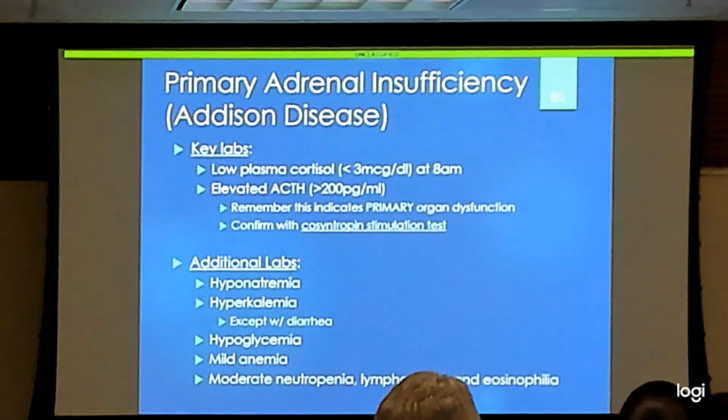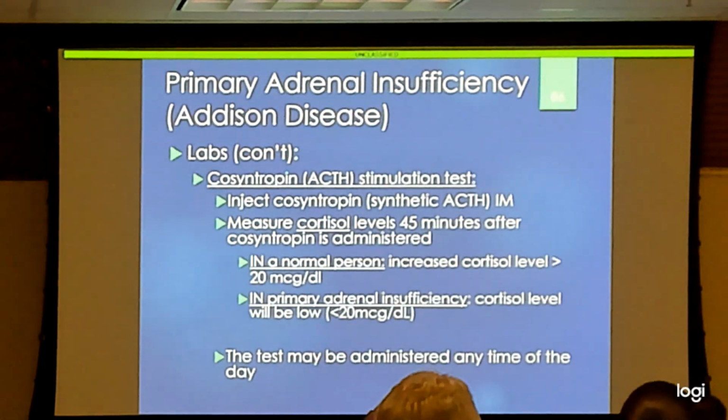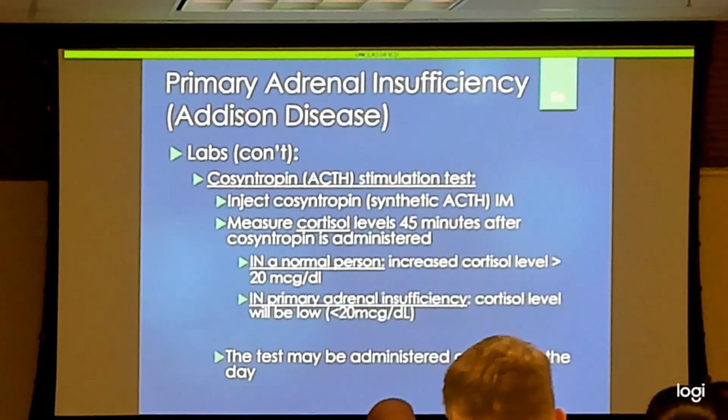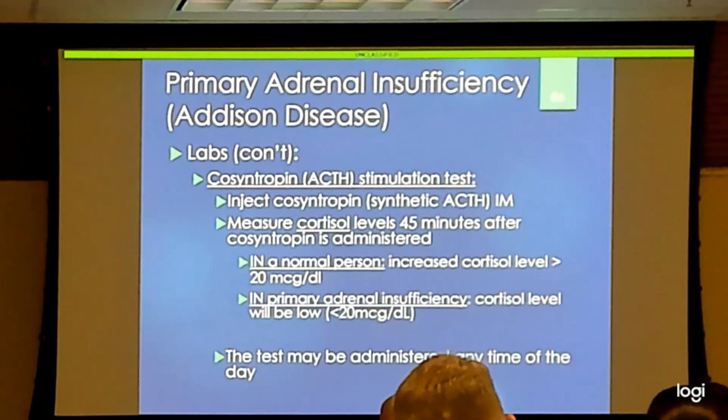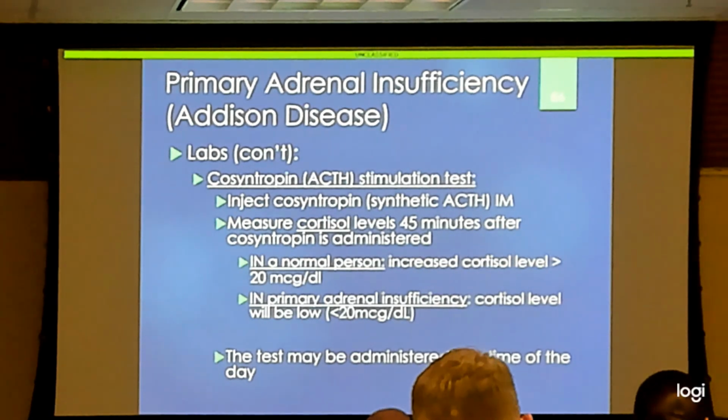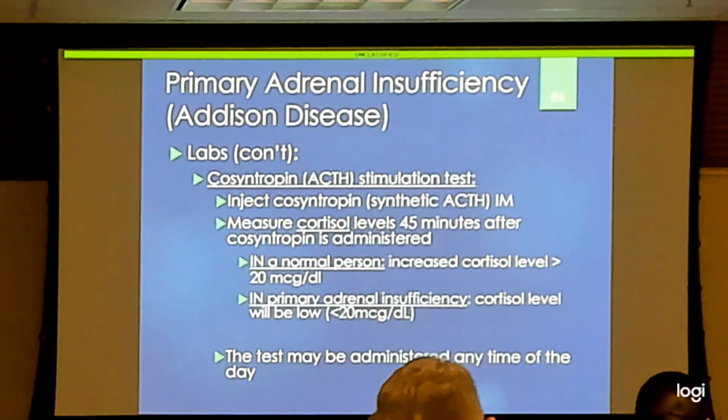So here are the other lab abnormalities you'll see. What is cosyntropin? It's basically a synthetic ACTH stimulation test. I inject it IM, and then I measure the cortisol levels after I inject it.